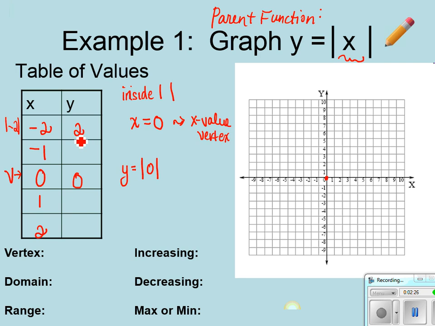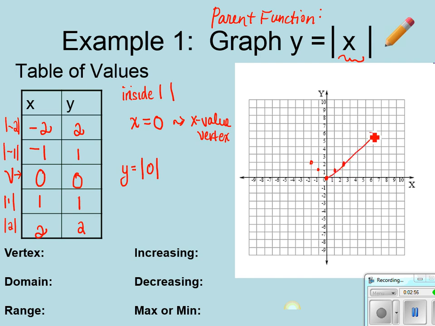Absolute value, remember, means distance from 0. So it's always going to be positive. The absolute value of -1 is +1. The absolute value of 1 is +1. The absolute value of 2 is +2. So my graph will be -2, 2, -1, 1, 1, 1, and 2, 2.